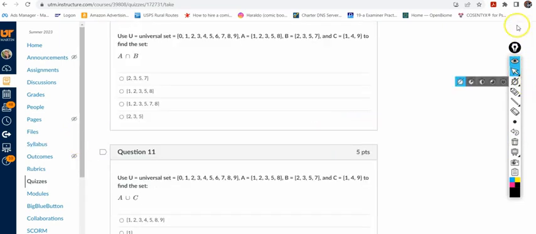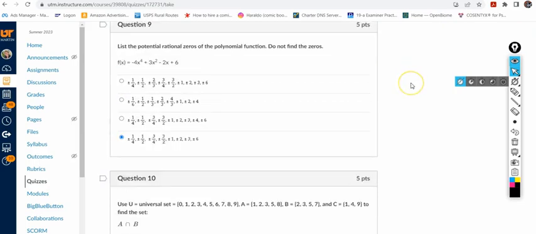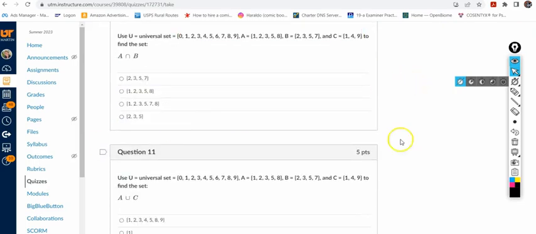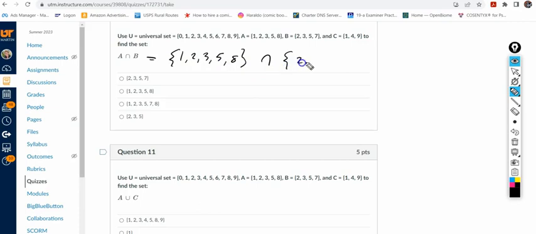All right, let's look at this one. Okay, so here we want A intersect B. 1, 2, 3, 5, 8 is A, and intersect B. So the intersection is only the stuff that's contained in both.